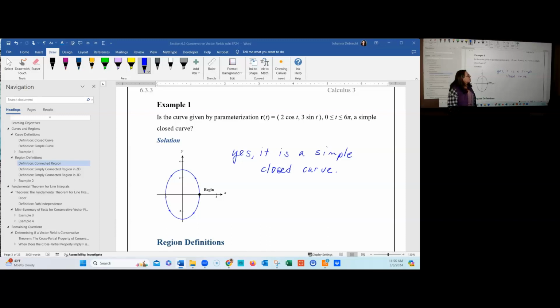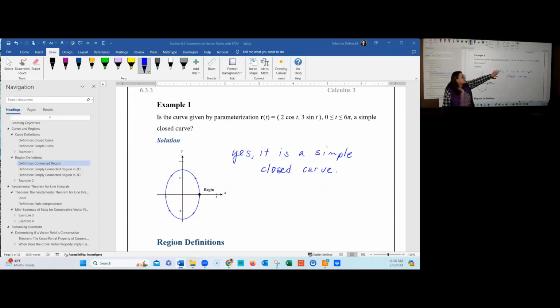However, the definition of a closed curve is that there exists a parameterization where that doesn't happen, where it is 1-to-1. All we need to do to get that parameterization is to change the interval for t from 0 to 2 pi. Once we go from 0 to 2 pi, we'll only trace it 1 time, but we'll produce the same curve, instead of tracing it multiple times if we go from 0 to 6 pi.